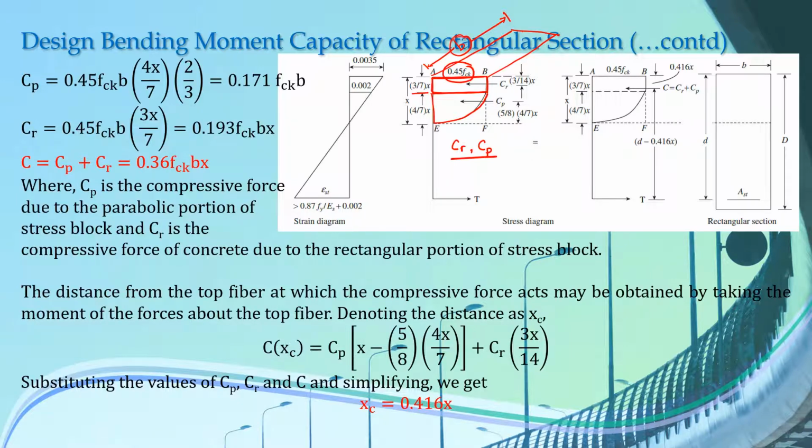So we can find the value of Cr. We have this 0.45 fck. How do you determine the width of this rectangular block here? What we saw in our stress strain diagram was that this is 0.002 and this is 0.0035, and the distance, let's say that this distance is x, is represented by this x here.